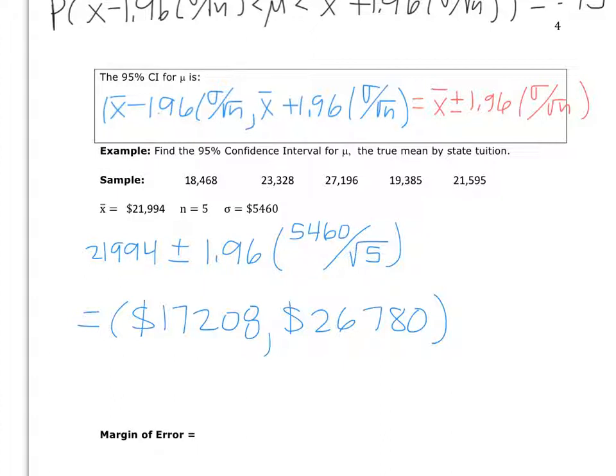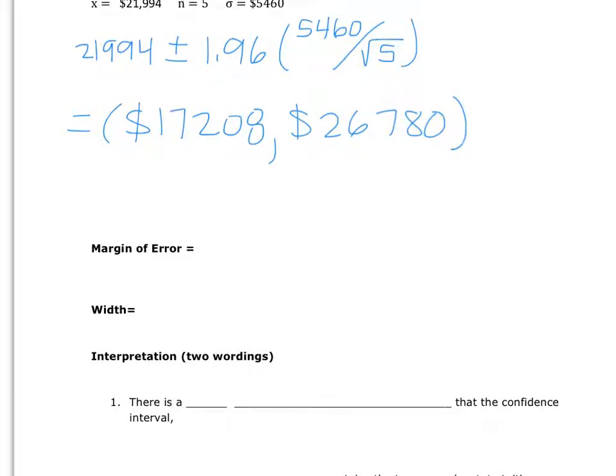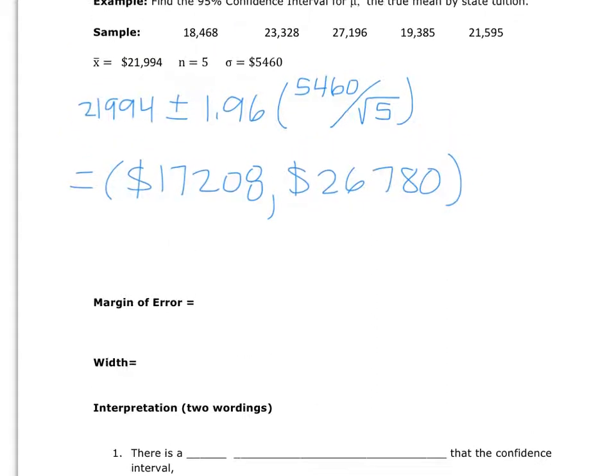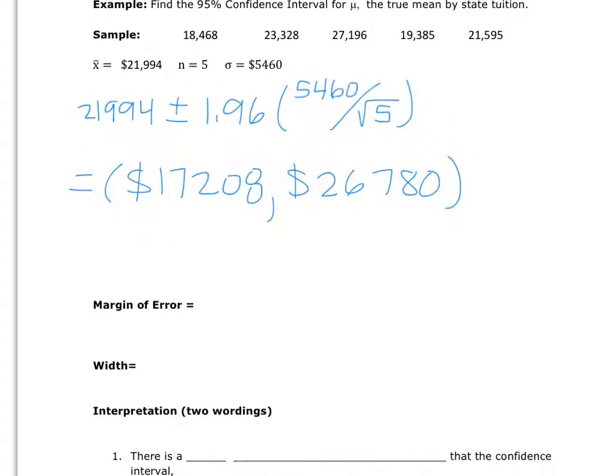There are a couple other measures that we want to look at with confidence intervals. One is the margin of error. The margin of error, actually let me go back down here a little bit, is this piece that we add and subtract to the sample mean.